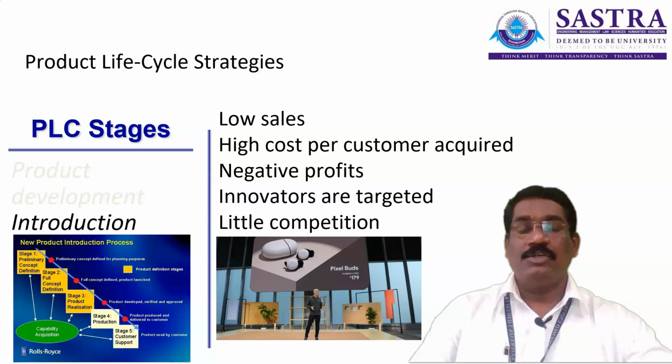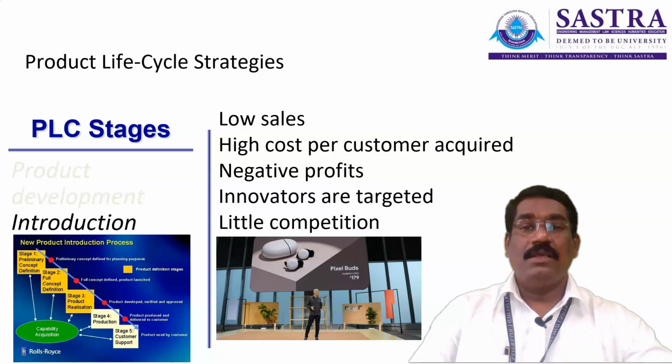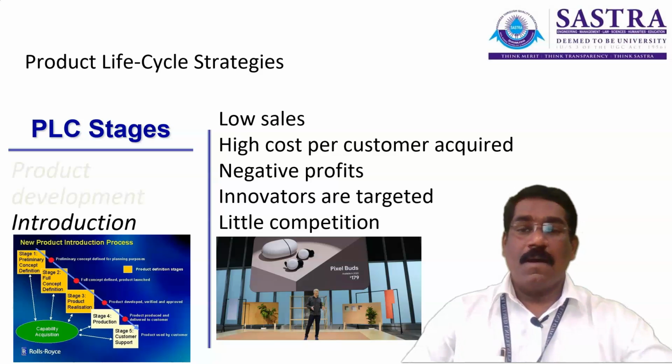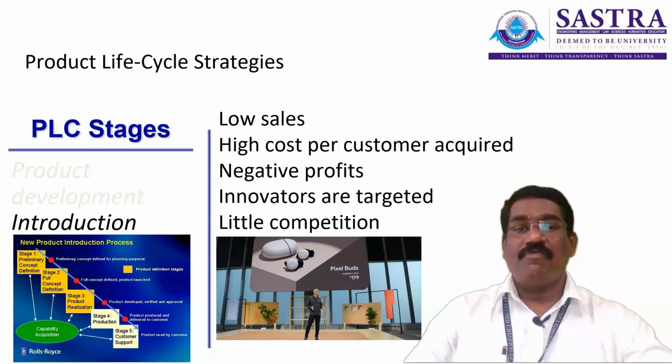Because you spend more on advertisement, you spend more on promotions, you give samples, and naturally it leads to higher cost. And if you look at the profit, obviously it has not reached the break-even point. That's why the profit seems to be very negative.